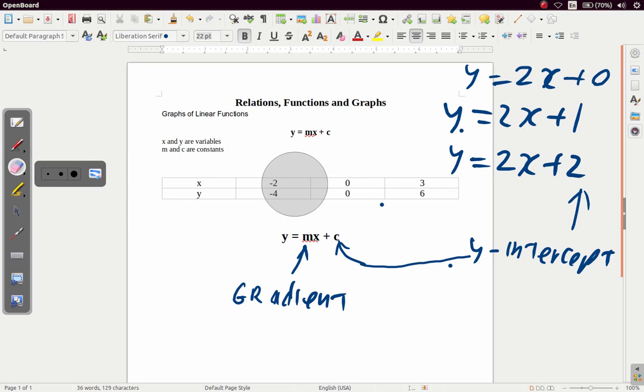Now, we could very well take the time to plot the points on the graph. However, what we want to do is use a program to save time, but at the same time, I want you to practice your plotting. So you should get a pack of graph papers and plot these graphs.